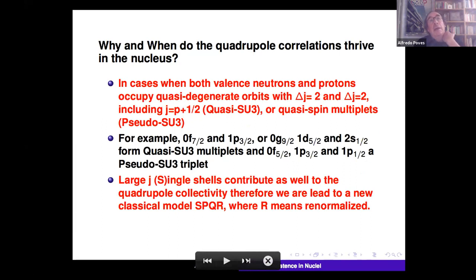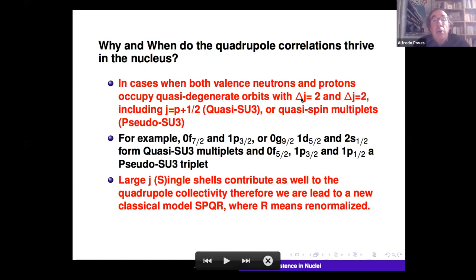But it happens that the quadrupole is stronger than just Elliott because it also thrives in other situations. And you have two interesting limits. One is pseudo-SU3, in which you have only a part of a major oscillator shell, and another limit is quasi-SU3, in which your valence space contains the quadrupole partners of a big orbit.